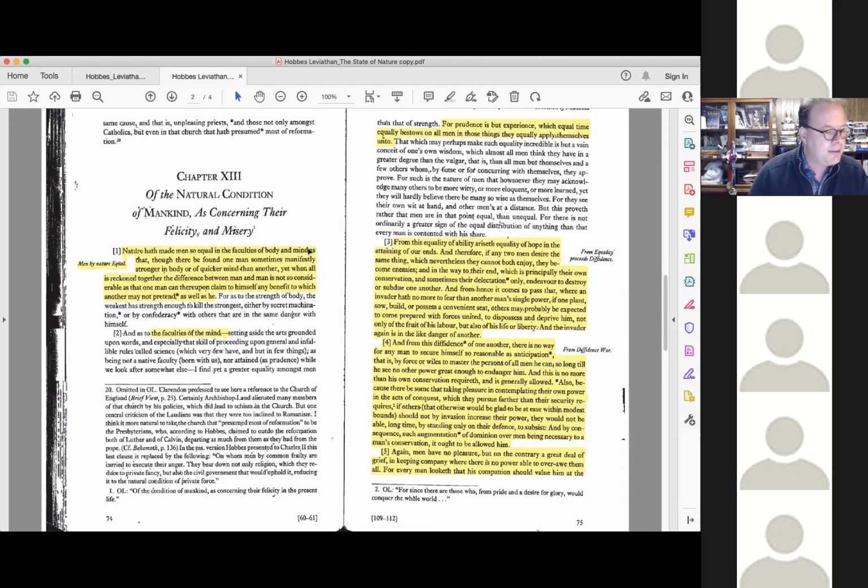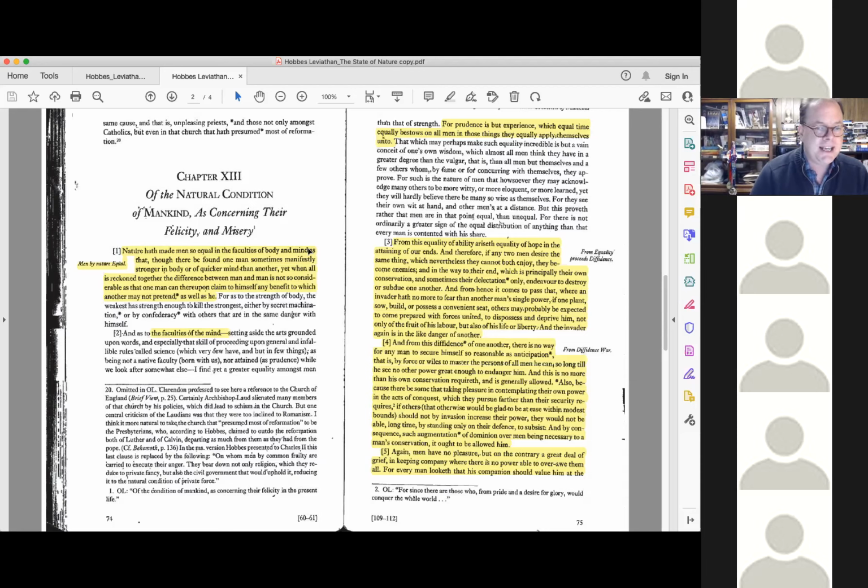Con means with, and confederacy literally means a bunch of people getting together, right? So if I have one strong man, but I have 100 weaklings, the 100 weaklings are going to be able to outmatch the one strong man, right? That's exactly what Charity just described.